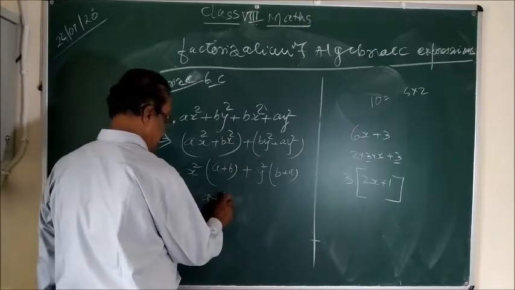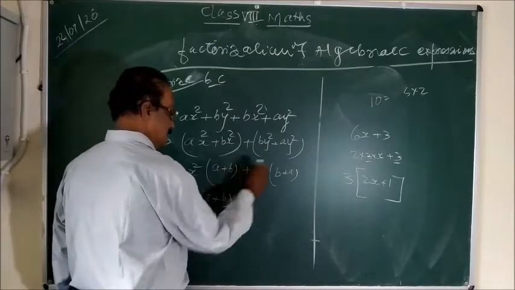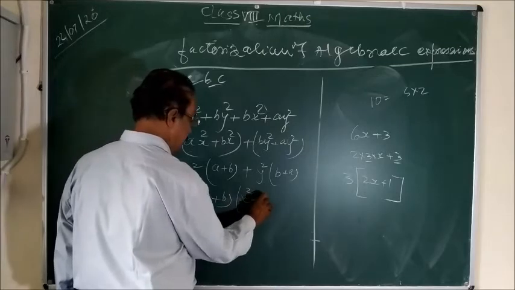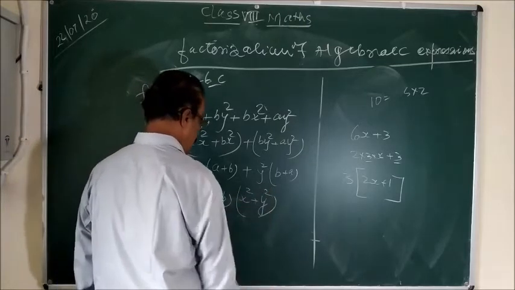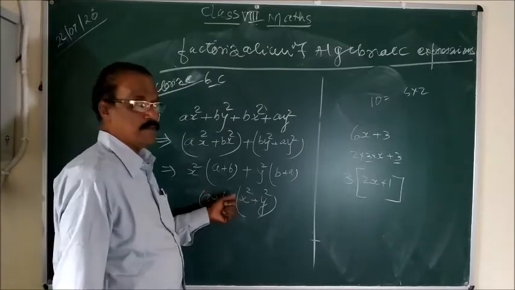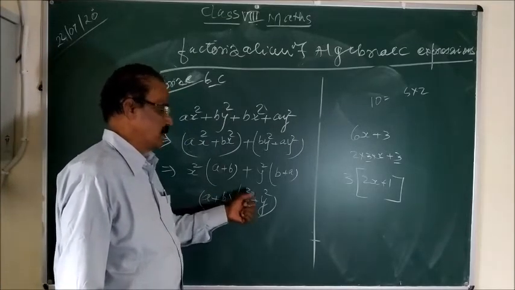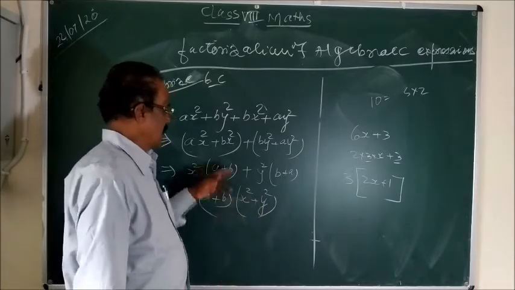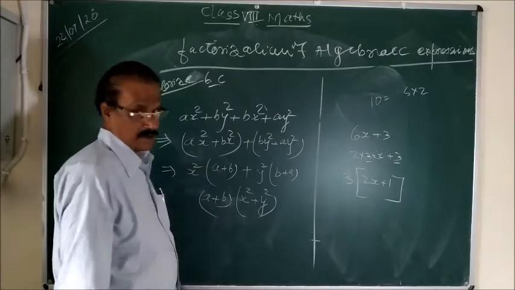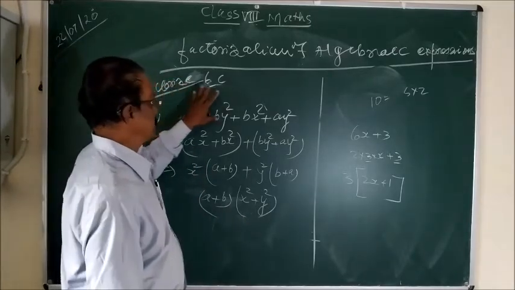In both of these, the binomial a plus b has become common. So this is a plus b, and here will be x square plus y square. Now this is in the form of a product: a plus b into x square plus y square. And this is what is called factorization. So this is the factorization of this given polynomial.